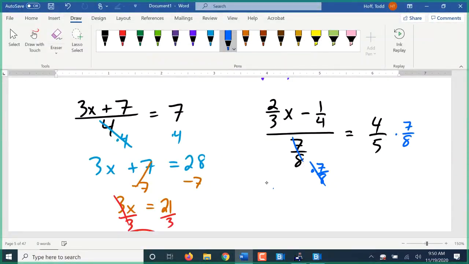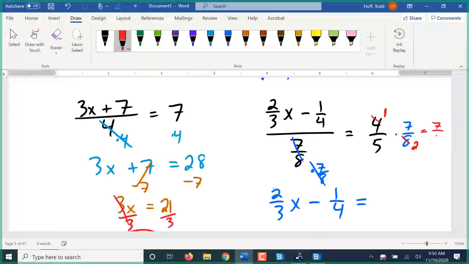On the left side, the 7/8 cancels out. We have 2/3 x minus 1/4 equals. Here the 4 and 8 cross cancel. Both can be divided by 4 to give me 1 and 2. So 1 times 7 is 7, and 5 times 2 is 10. 7/10.